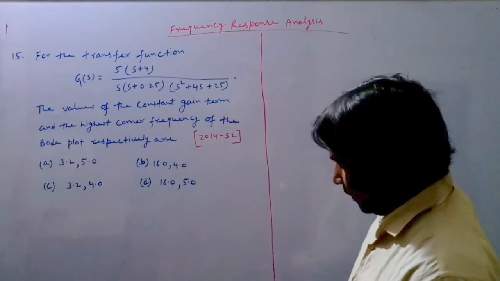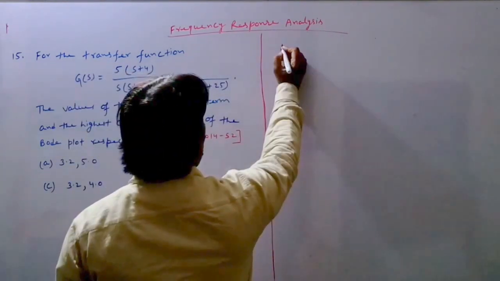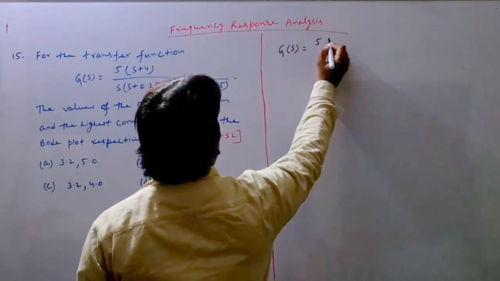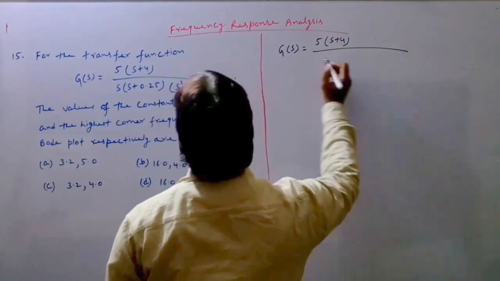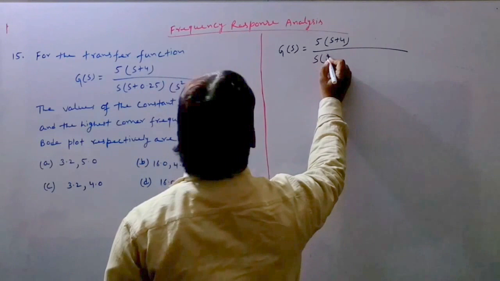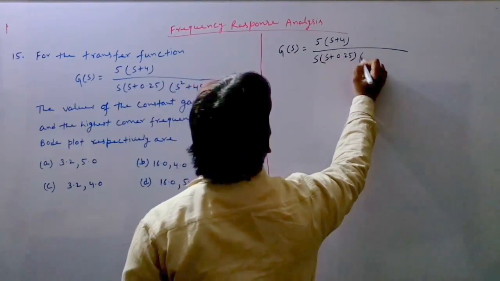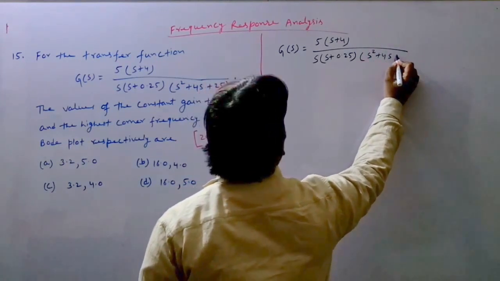So the transfer function is G(s) equal to 5 multiplied by (s plus 4) divided by s into (s plus 0.25) multiplied by (s square plus 4s plus 25).